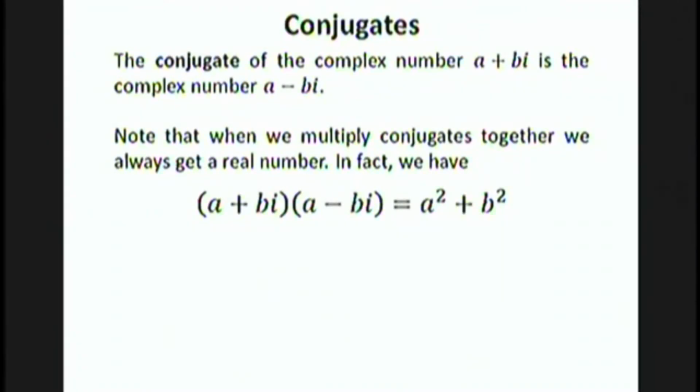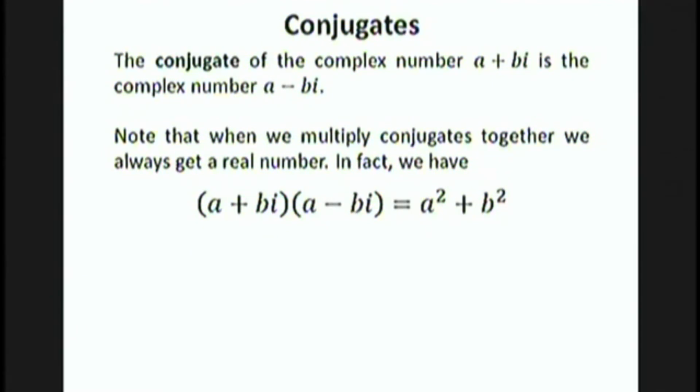In fact, a plus bi times a minus bi is a squared plus b squared. The first, a times a, gives you a squared. The last, bi times negative bi, is negative b i squared, which becomes positive b squared.